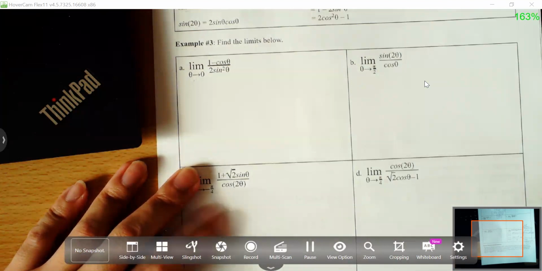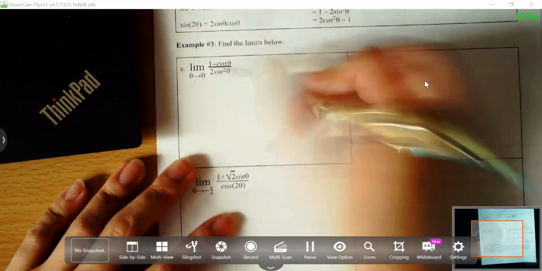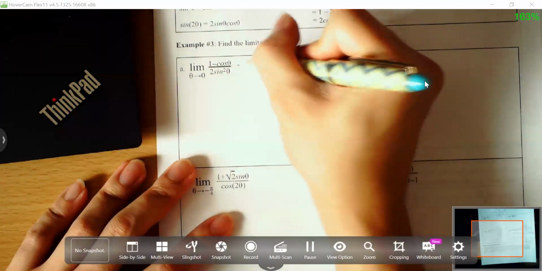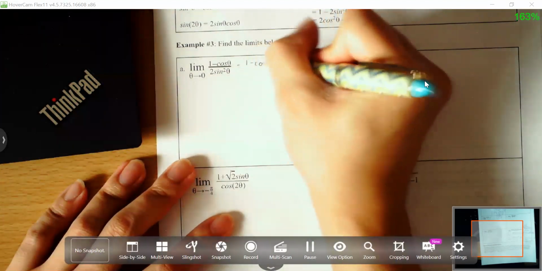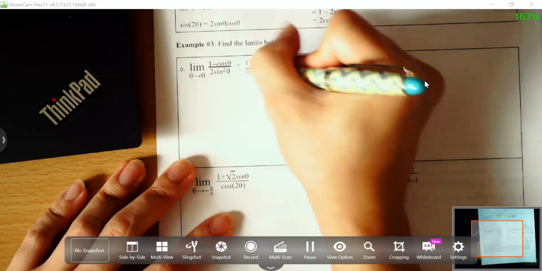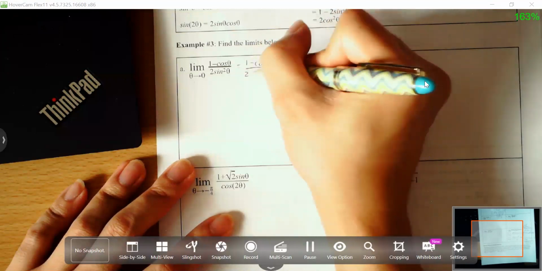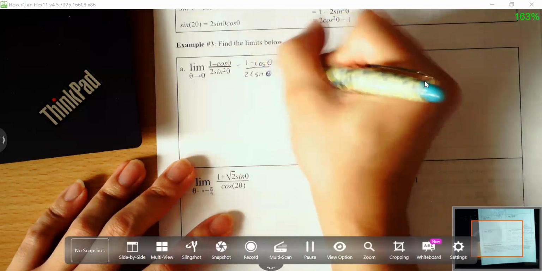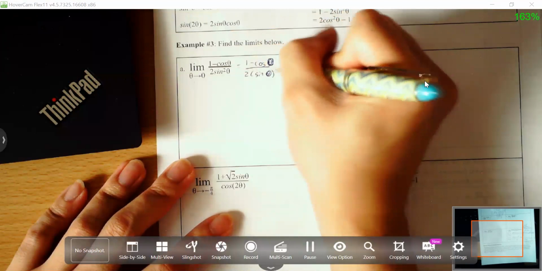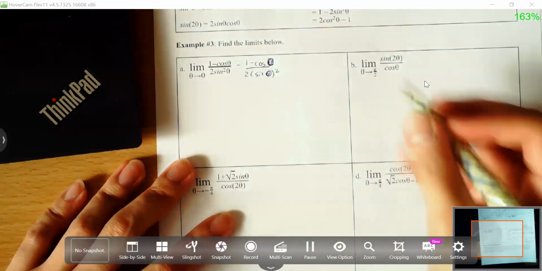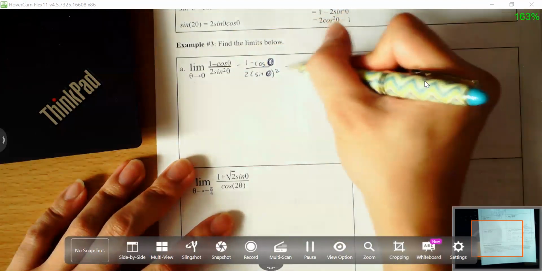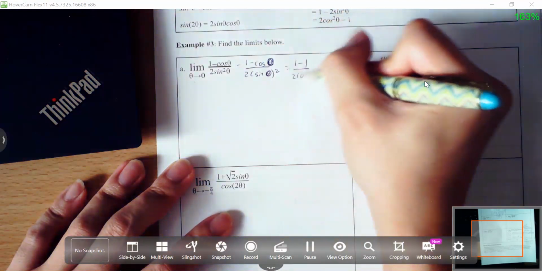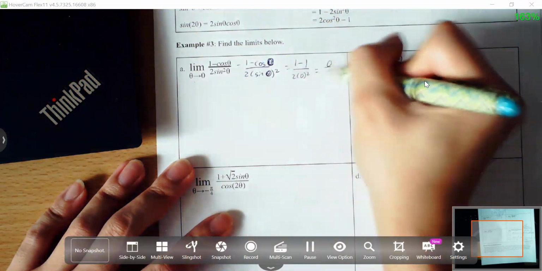Okay, so let's see how far you got here. So if you try plugging in 0, you would get 1 minus cosine 0 over 2 times sine of 0, oh sorry, I'm putting theta, but they should be zeros, squared. And I know cosine of 0 is 1. And I know sine of 0 is 0. So this will be 0 over 0.